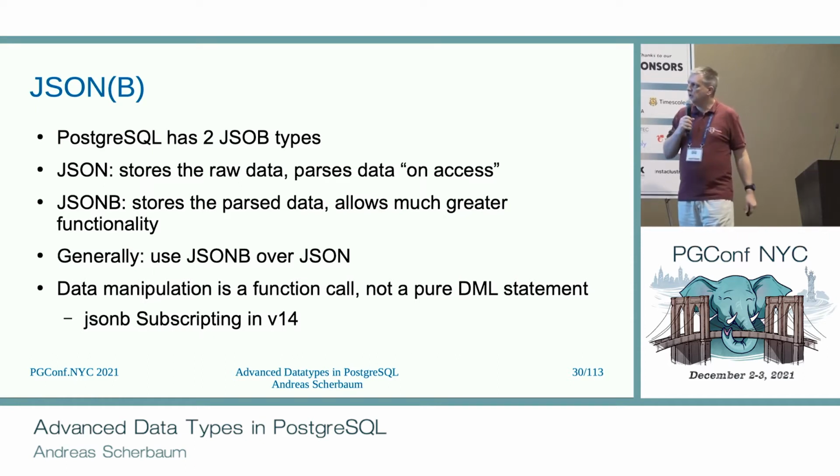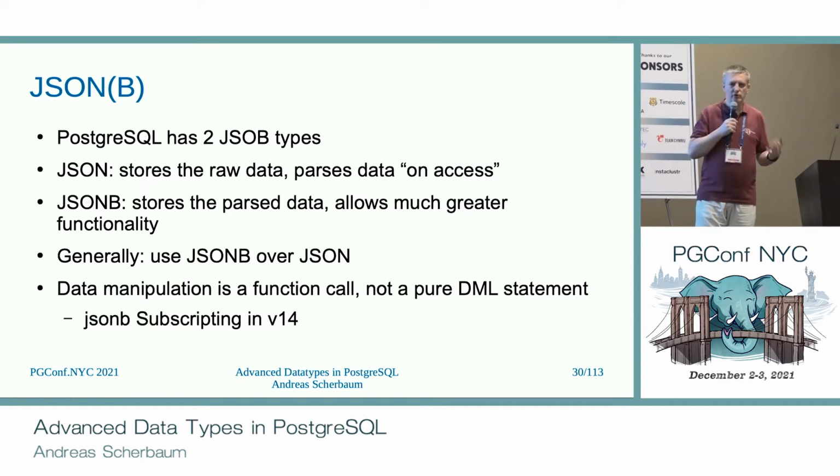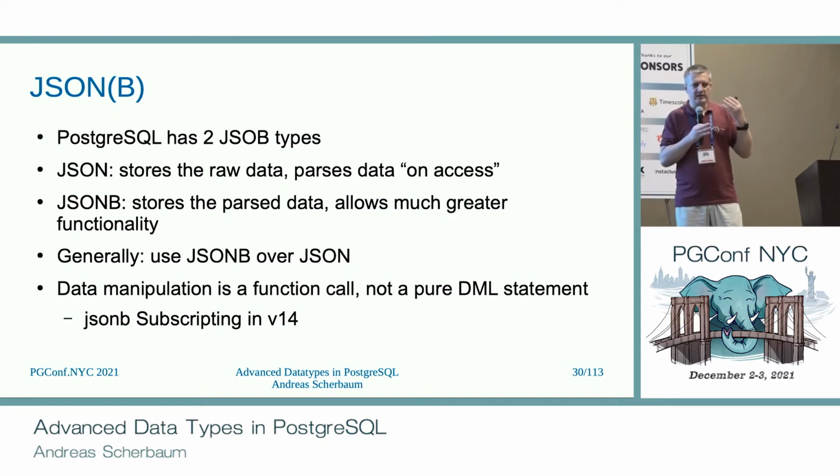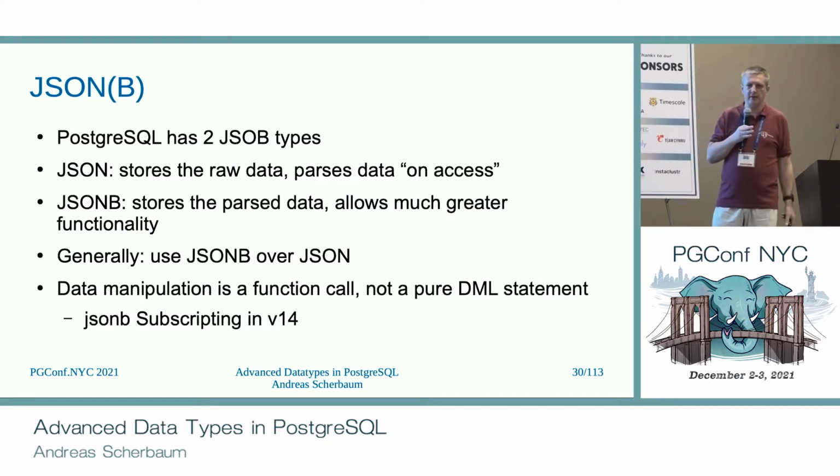And we have JSONB, which stores the parsed construct in the database. So you know by the time of writing into the field, okay, I have a valid JSON construct. And of course you can do more things like, okay, we know it's JSON, we know the structure of this, so we can do things like indexes on fields, etc., etc. Whenever you're in question which one to use, use JSONB.